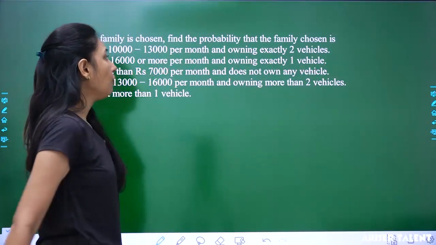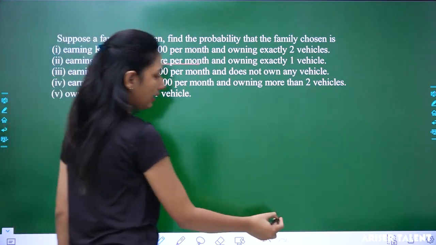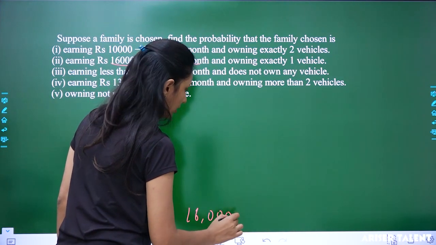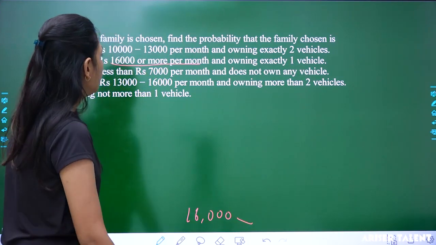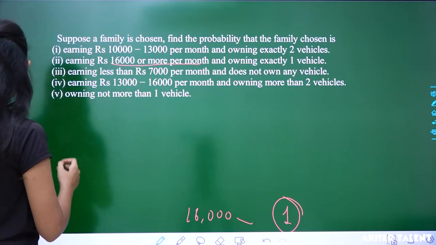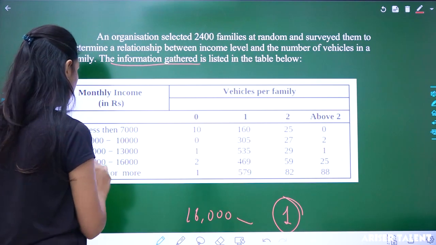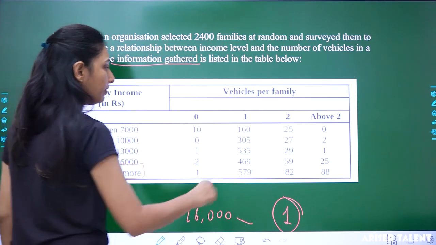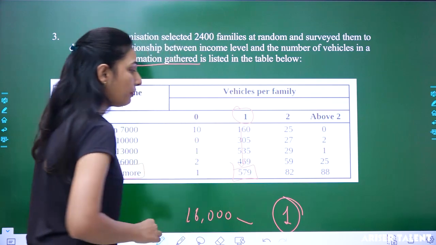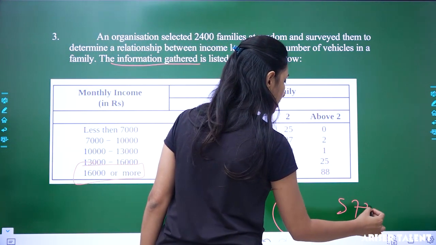Now for the next one you are having 16,000 and more per month and owning one vehicle. So 16,000 and more is here and owning one vehicle is here, so it's going to be 579.